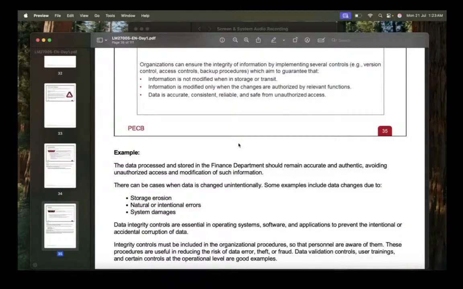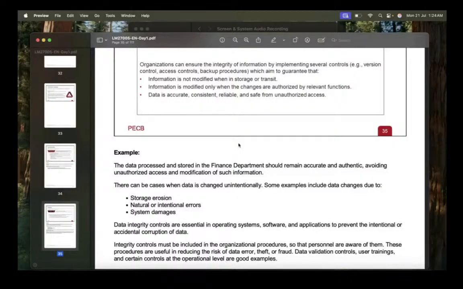There can be cases when data is changed unintentionally. So it is not always intentional that it happens. There are some situations where it happens unintentionally. There are three examples given here for your reference: storage erosion, natural or intentional errors that happen sometimes, and system damages.